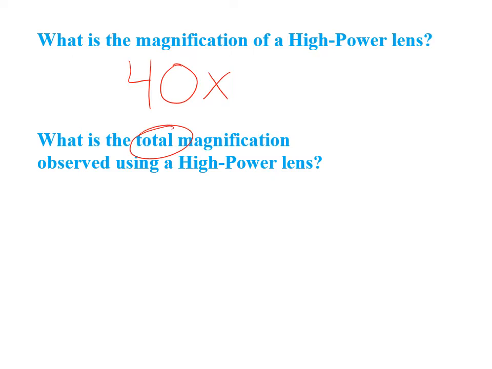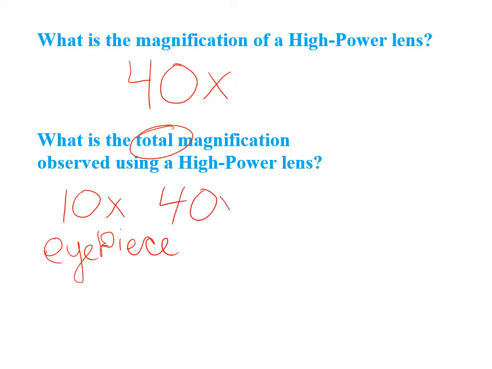The moment you see total, that means all of the magnification your eyes are seeing when you look into that microscope, which means you first get the 10x of the ocular or the eyepiece, and then you get the 40x of the objective.